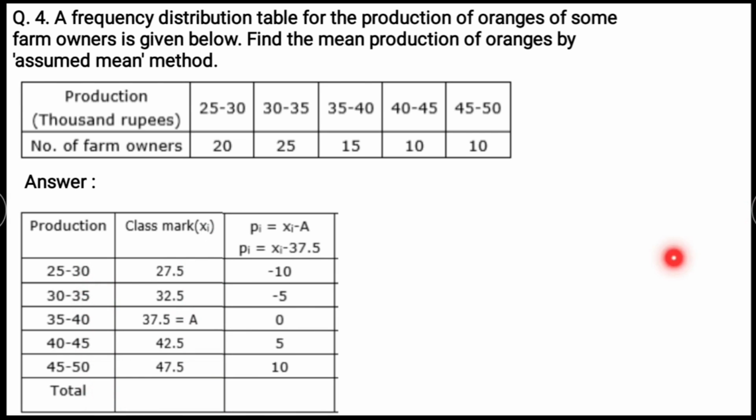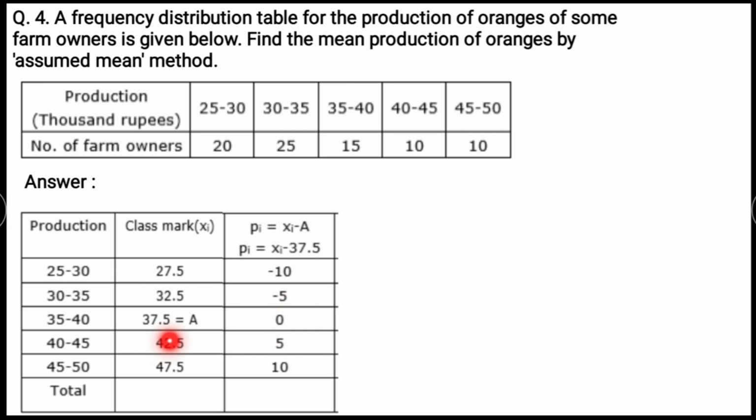Then we write here Pi, which is Pi equals to xi minus a. So here we assume the value a as 37.5. So we write here Pi equals to xi minus 37.5. So xi is 27.5. So 27.5 minus 37.5, we get minus 10. Then 32.5 minus 37.5, we get minus 5.